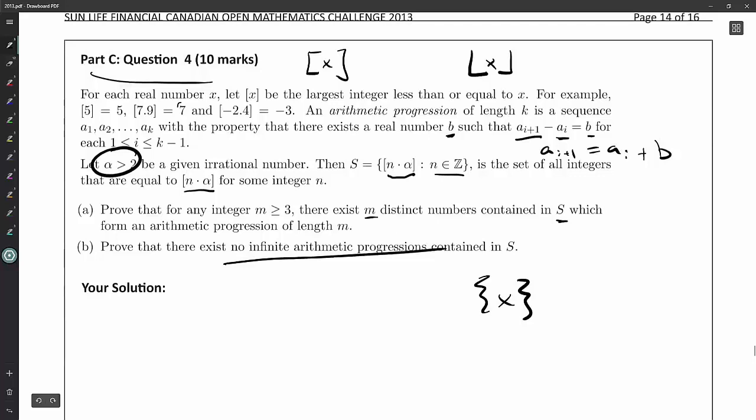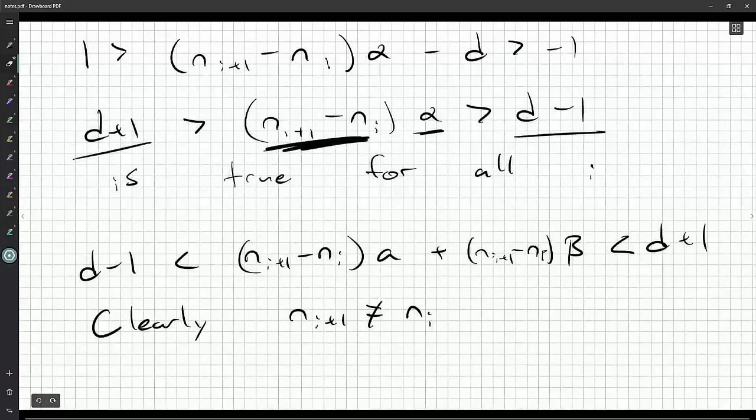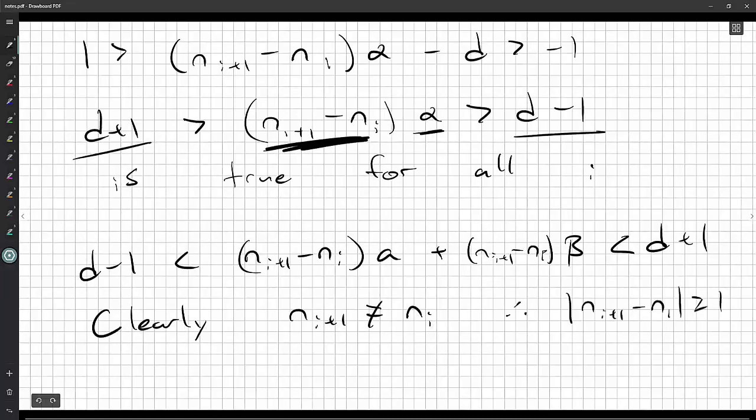Now they say m distinct numbers contained in S, and then no arithmetic progressions contained in S. I assume they mean that the same number can't be used more than once, because otherwise you could just pick any constant. So those are not equal, therefore, let's say the absolute value of n_{i+1} minus n_i is at least 1.